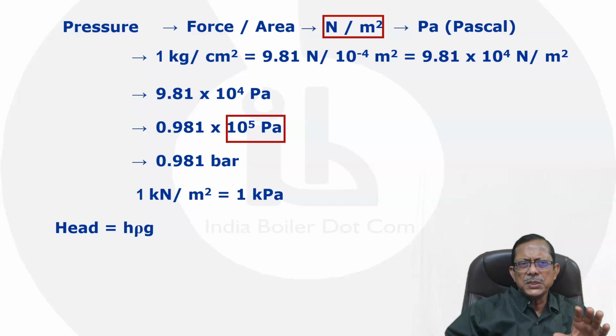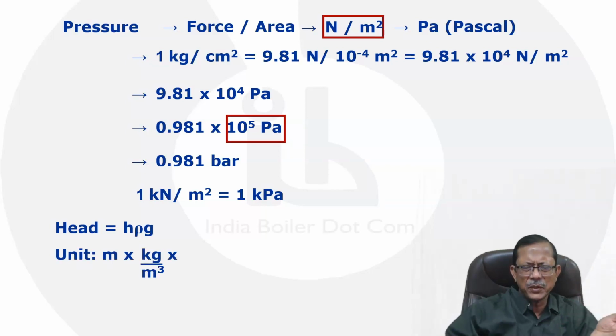Now, H rho g, if I want to convert into the known unit of pressure, that is Pascal or kilopascal, as I said, 1000 Pascal or 1 kilonewton per meter square, then first of all, H is in meter, right? So H is meter multiplied by rho is in kg per meter cube, and the g is acceleration due to gravity, so meter per second square.